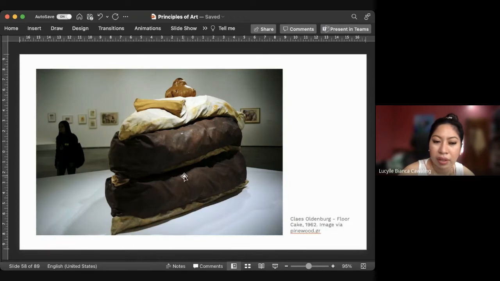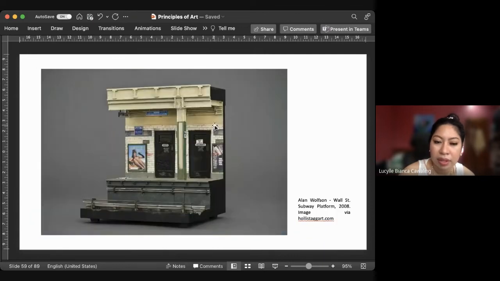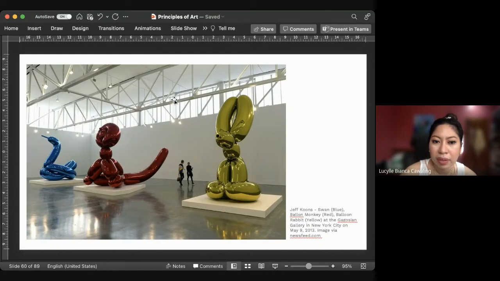And then you could also see this floor cake by Claes Oldenburg. And then this is miniature sculpture naman by Alan Wolfson, the subway platform. And then this one naman is an installation of balloons in the Gagosian Gallery in New York.